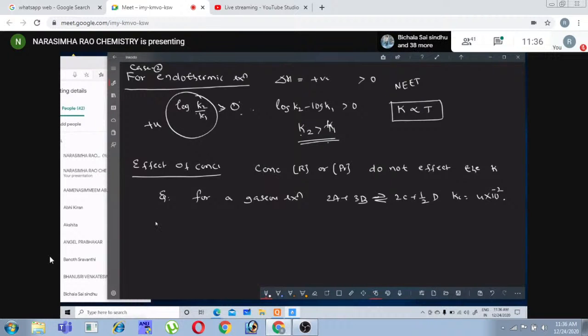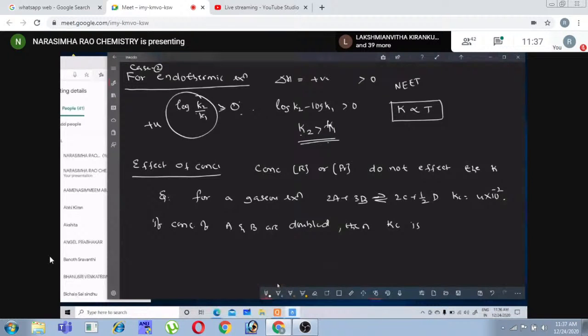If the concentrations of A and B are doubled, then Kc is the same, remains unchanged.